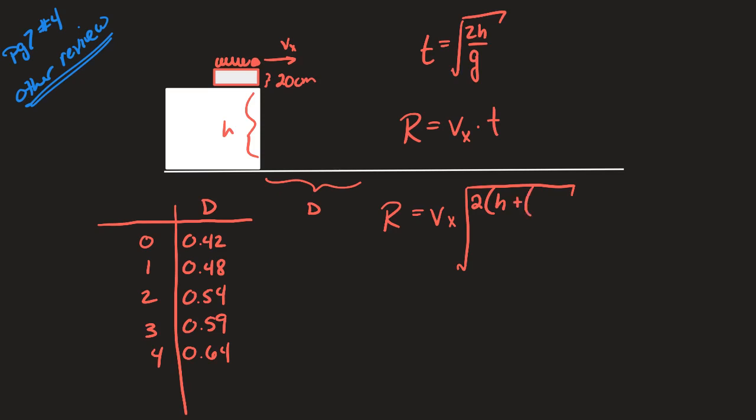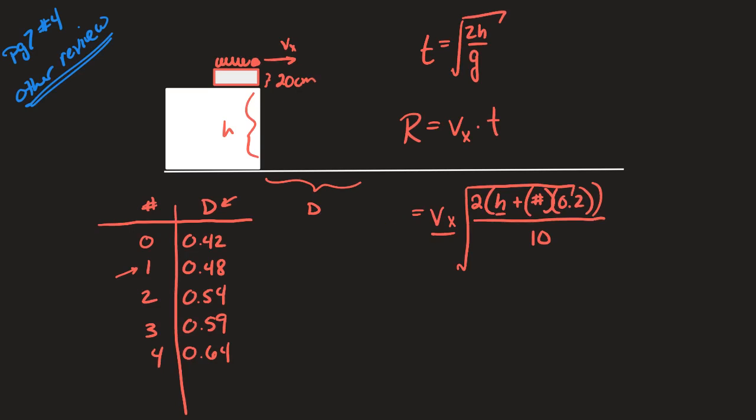So h plus number of bricks times 0.2, all divided by 10. Well, you have Vx is an unknown, h is an unknown, but you have lots of cases of having this number, which is number, and d, which is actually the range.